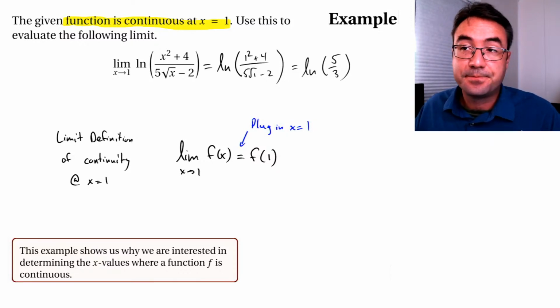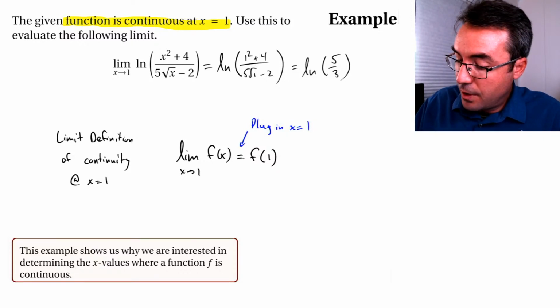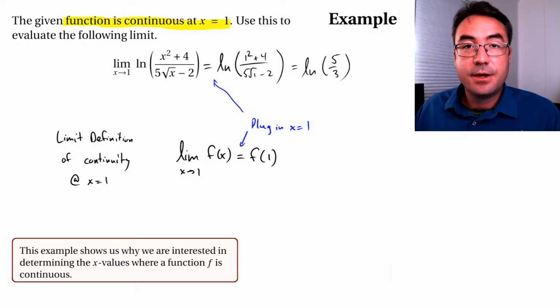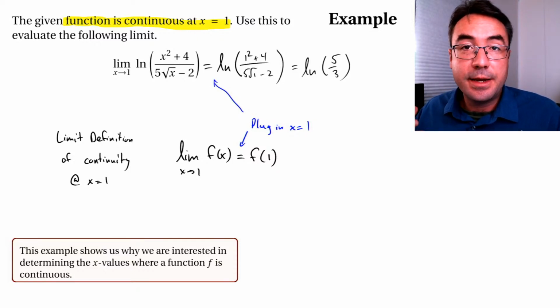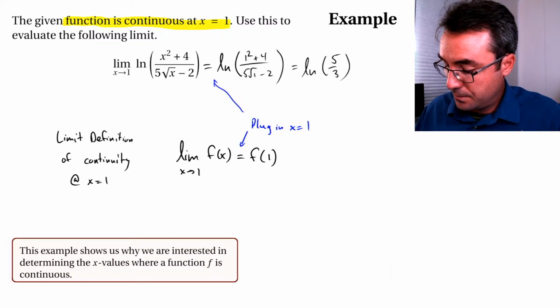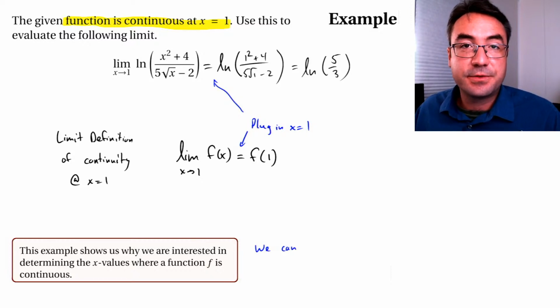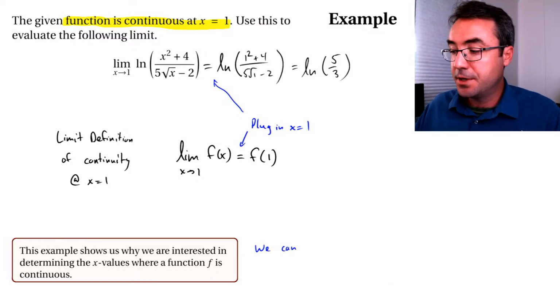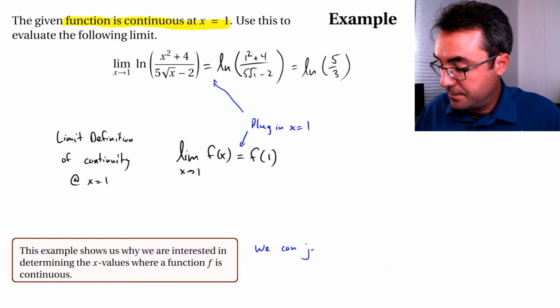That's our limit. So if we know our function's continuous, then we can just plug in and be done with the limit. So that's why we're interested in finding those x values where a function is continuous, because we can just plug in then.